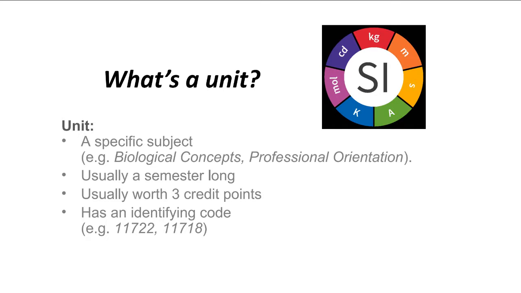You might think, why do I need to bother with these numbers? You don't necessarily, but they are unique. And when you get course advice, we will use those numbers. And it's actually even more important for you guys right now, because as we mentioned before, this is a new course that you're doing. So you might see similarly named units from our old courses that are in Teach Out at the moment.